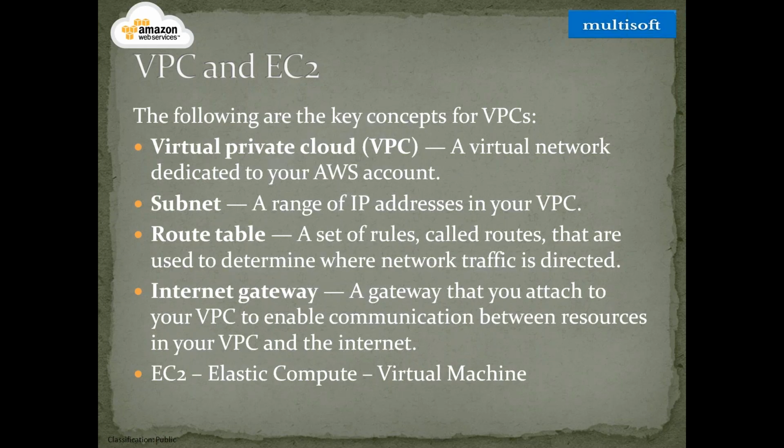The route table: because you have divided your virtual network into different subnets, how does the network request flow between the subnets? That's what the route table helps you do. It is basically a network traffic monitor and network traffic router, as a route is something that helps you route the different network traffic. Then you have the internet gateway.